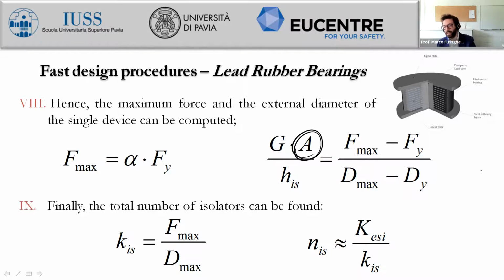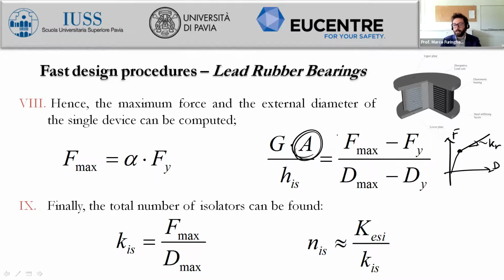Remember that in the force displacement loop for lead rubber bearings, we have the elastoplastic with hardening, and the hardening, which we can call KR, is directly related to the response of the rubber portion.